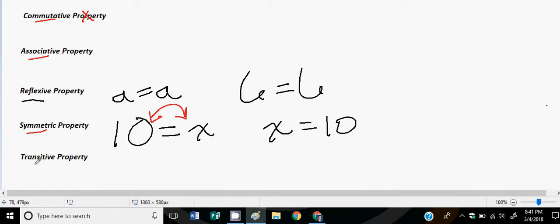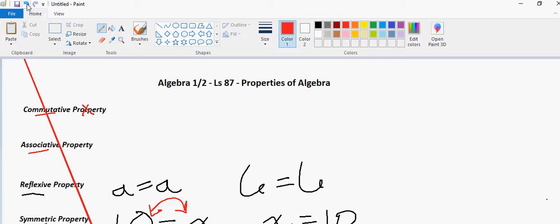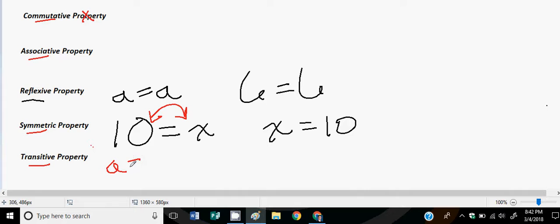Associative. Commutative. Finally, my favorite, transitive property. We talked about transitive verbs in English. It's the same word. It sort of reminds me of it, but it talks about two things equaling the same thing, therefore they equal each other. If Dave and Sherry are the same age, and Sherry and Brooke are the same age, it means Dave and Brooke are the same age. We can show this by showing if A equals B, and B equals C, well then what do you think's true?